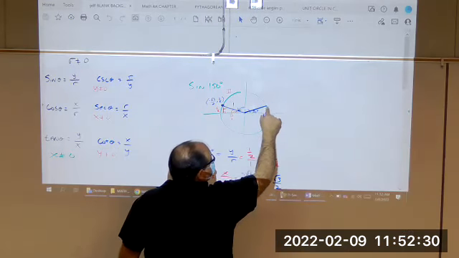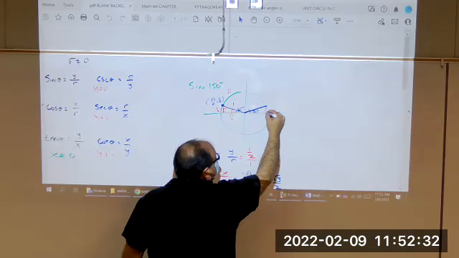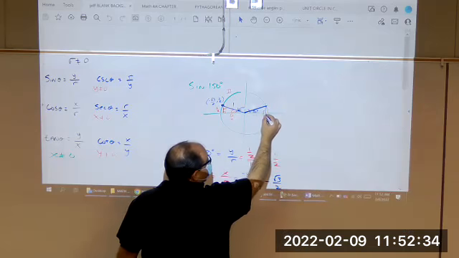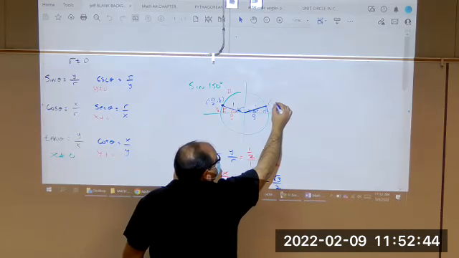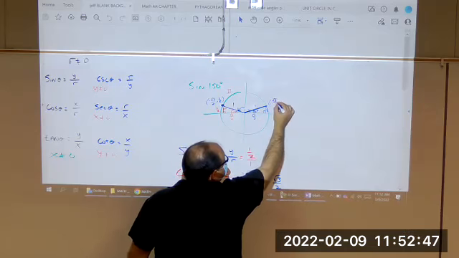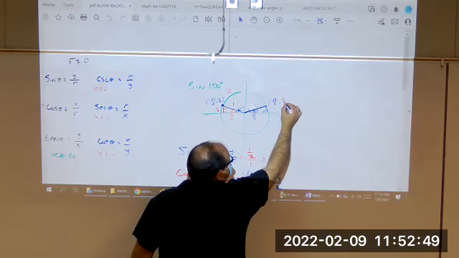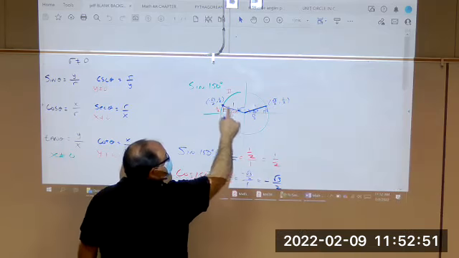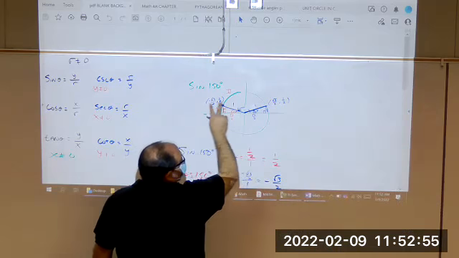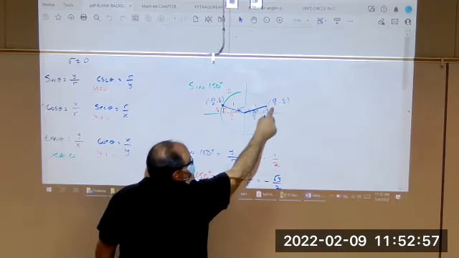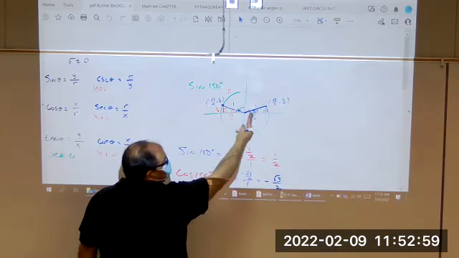In quadrant 1, if this is 30, then when you make the right triangle and the radius is 1, the opposite side would be 1/2 and the adjacent side would be square root 3/2. So this ordered pair would be positive square root 3/2, positive 1/2. The exact same numbers, but because you're in quadrant 1, they're both pluses. Over here, the x is negative because you're going to the other side of the origin.